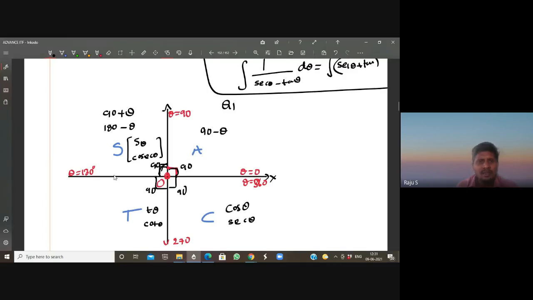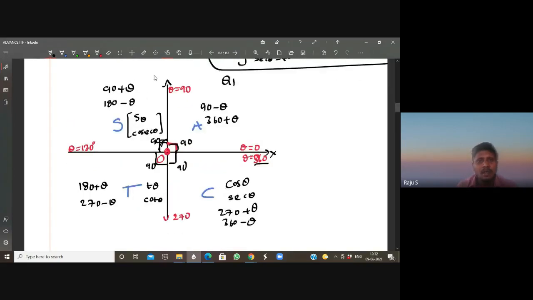So 90 plus 90 is 180, 180 plus 90 is 270, 270 plus 90 is 360. In the same way, here 180 plus theta, 270 minus theta. Here 270 plus theta, 360 minus theta. Everyone must remember this.